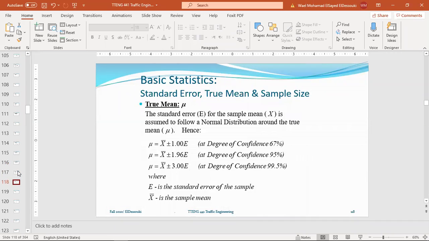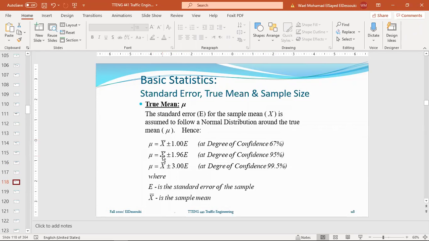And the true mean is basically the mean of the sample plus or minus 1 multiplied by the standard error. That's at a degree of confidence of 68%. At a degree of confidence of 95%, it's going to be plus or minus 1.96 standard errors added to the mean.